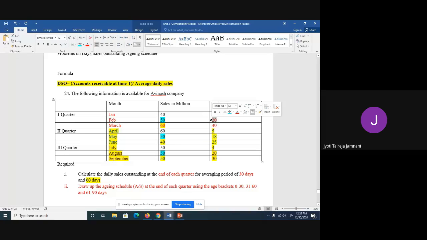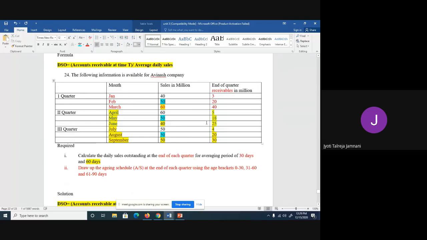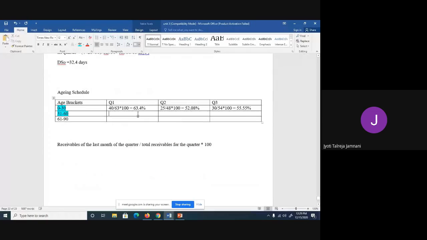And 61 to 90 means the first month of the quarter you'll have to take. So now I'll take 20, which is the second month of the quarter, divided by the total of the quarter, which is 63. So 20 divided by 63 into 100. The percentage that we get is 31.7%. Any doubts in this?